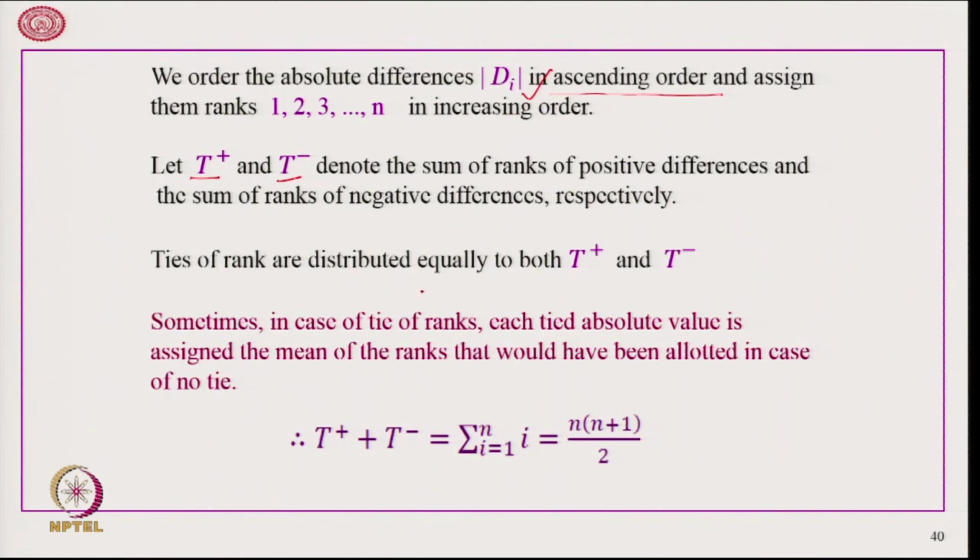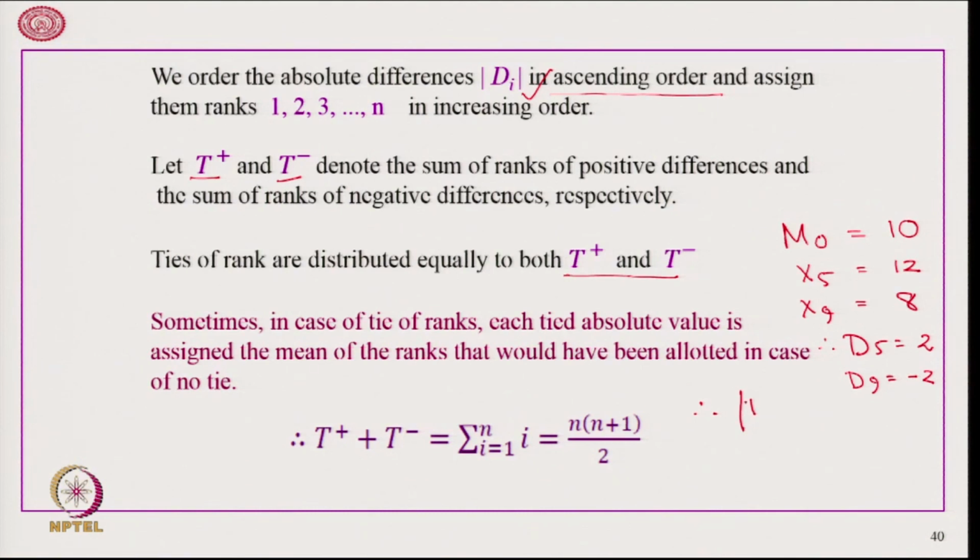What will happen if ties are there, in T plus and T minus? Say for example, my m naught is equal to 10 and suppose x 5 is equal to 12 and suppose x 9 is equal to 8. Therefore, d 5 is equal to 2 and d 9 is equal to minus 2.